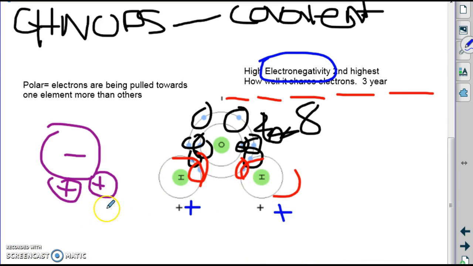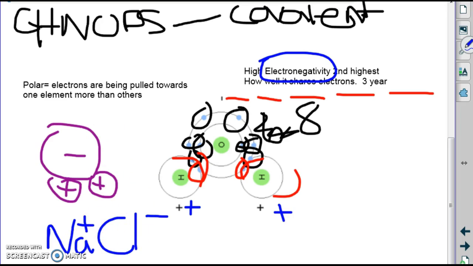So salt, table salt, is NaCl. And in that case, this becomes a positive charge, and this becomes a negative charge, and they become ions. And once they're ions, they always stay ions. They never stop being ions, so they always have a charge.